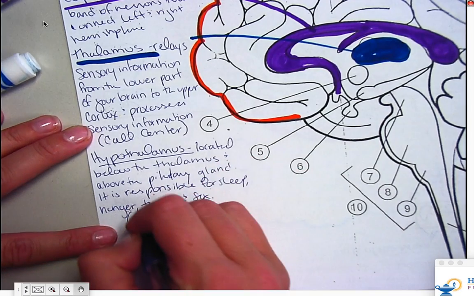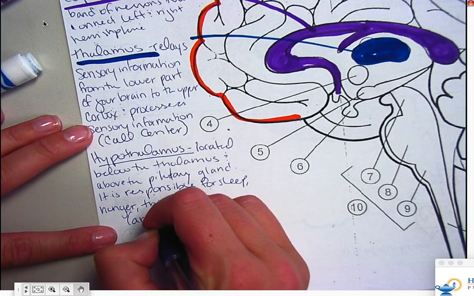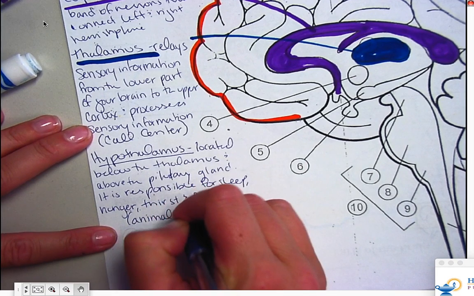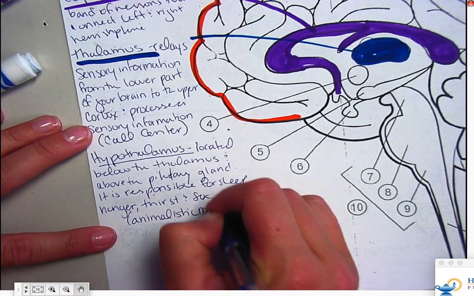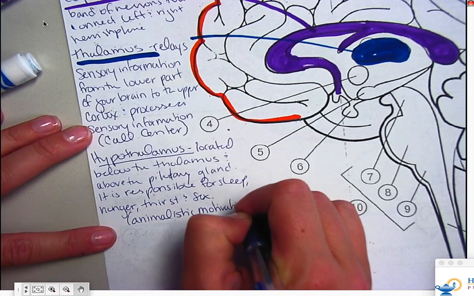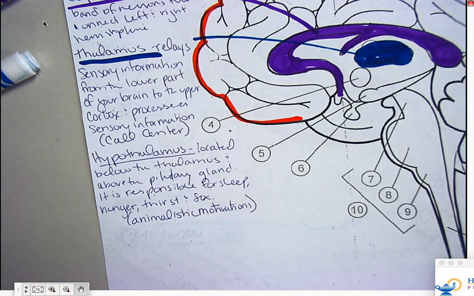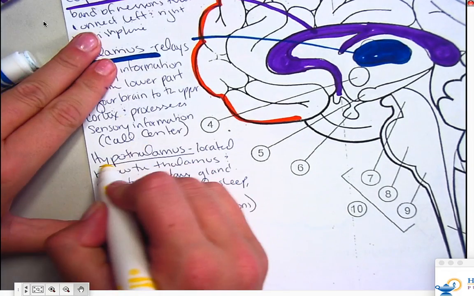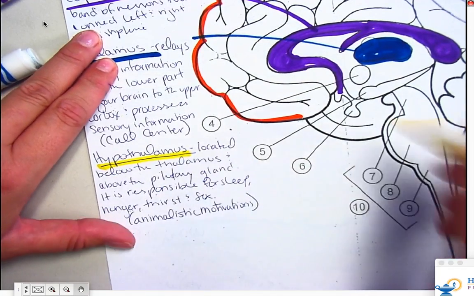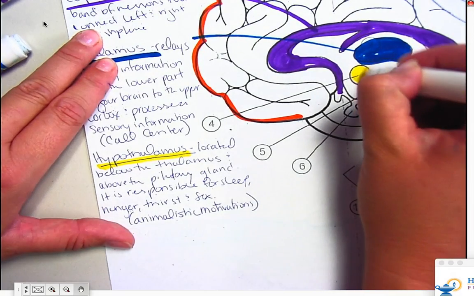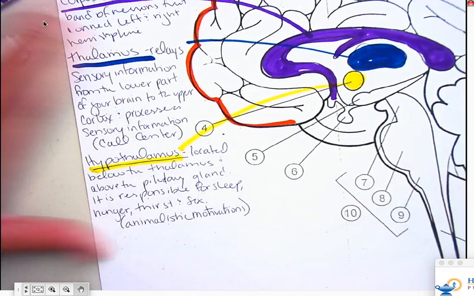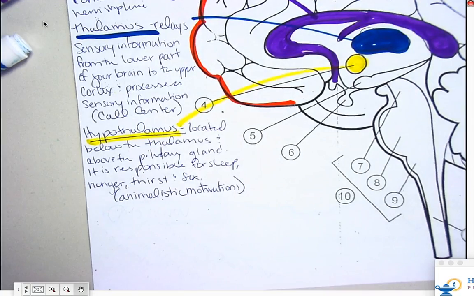In parentheses, it's all of your animalistic motivations. For me it's going to be yellow. So my hypothalamus is located right here, and that is all of your animalistic motivations.